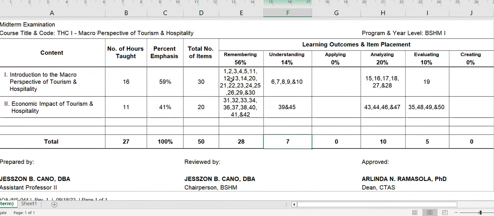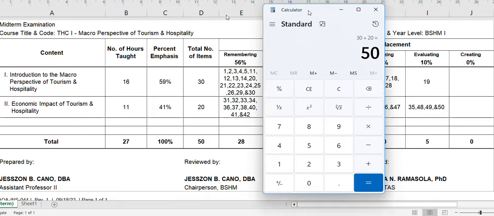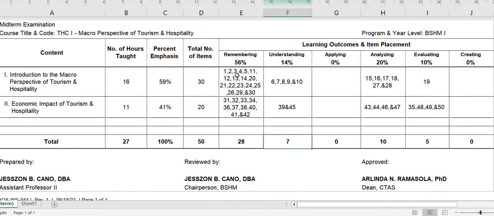Next is about the learning outcomes and item placement. Same with the old format. If we will count all these items, we have this total of 30. And also here, if we will count all the items horizontally, we have the total of 20 total items.